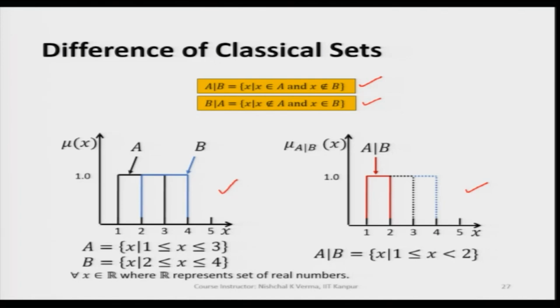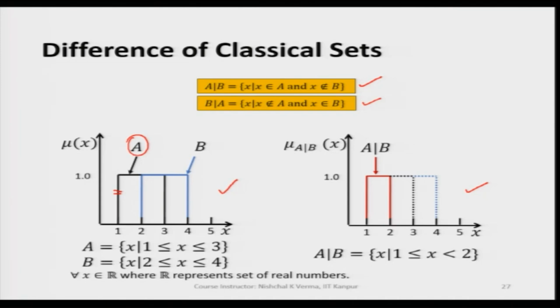So, A is this set which is shown by the black line, the black color, and B is another classical set which is shown by the blue color.